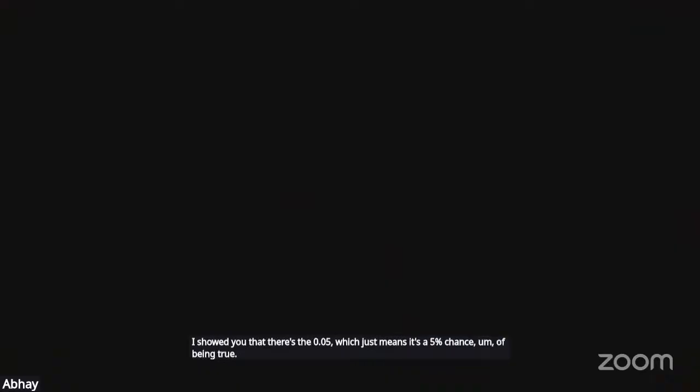So in that, I showed you that there's 0.05, which just means it's a 5% chance of being true. So you can set the value to 0.01, 0.02, depending on your data set itself. For this specific data set, we set it to 0.05, which we then said indicates statistical significance.